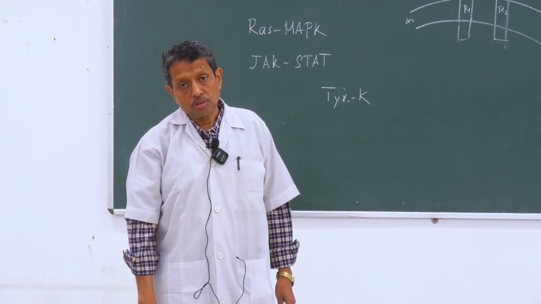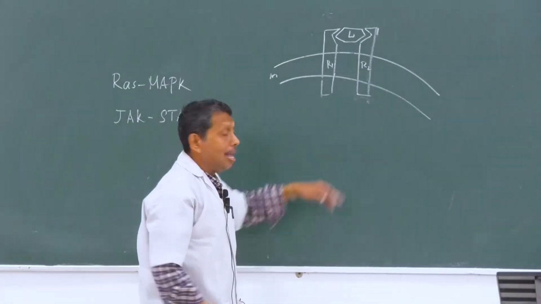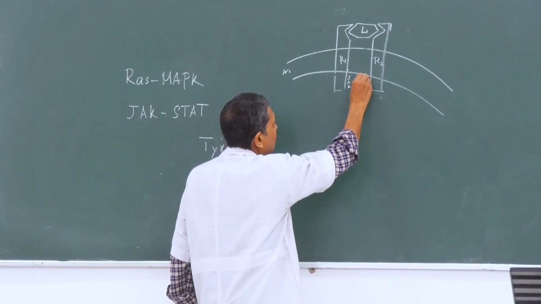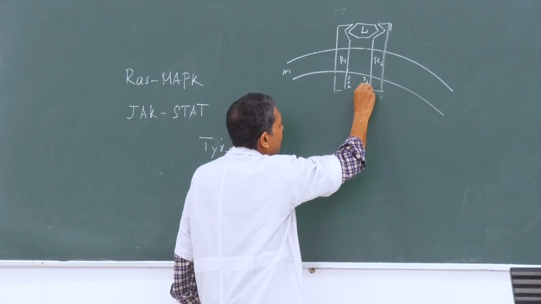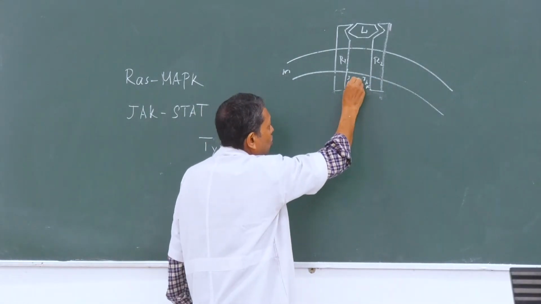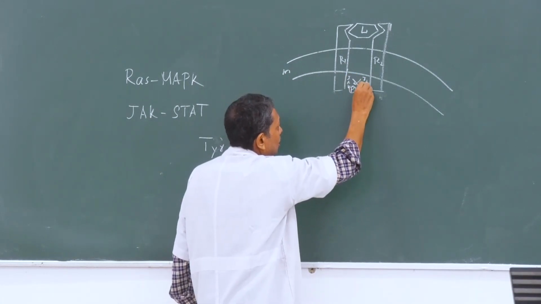And when this ligand binds, then there is dimerization of the receptors, and there are JAK proteins. There may be mutual phosphorylation of tyrosine kinase moieties.